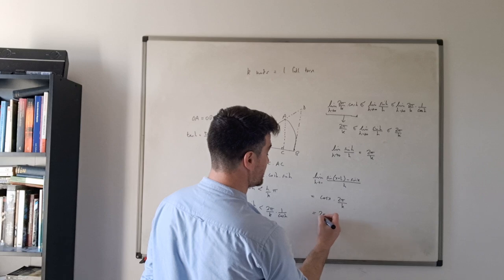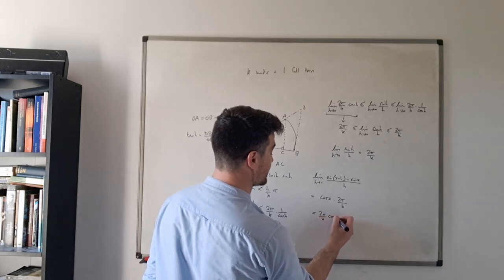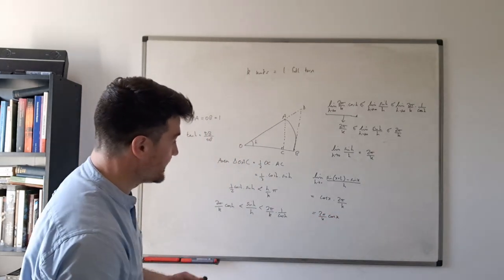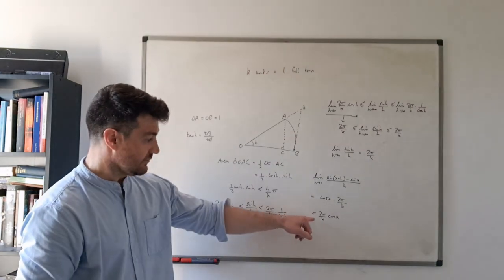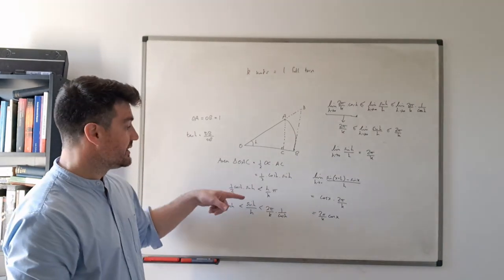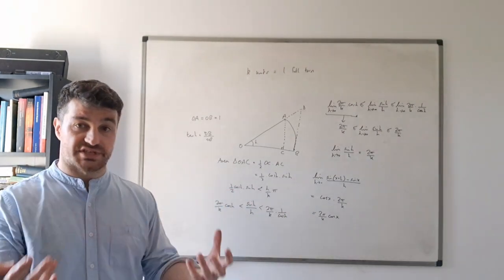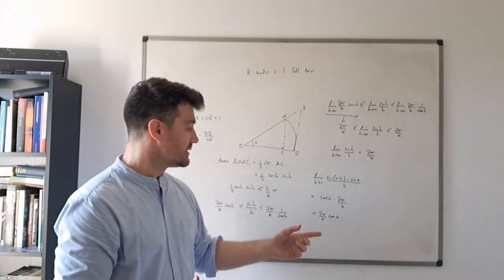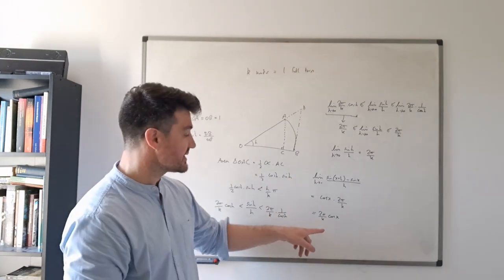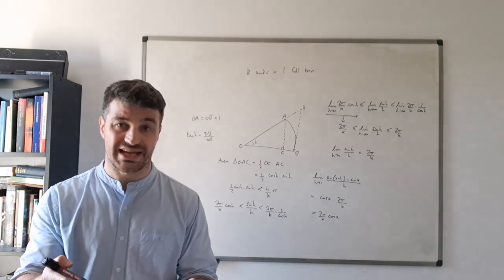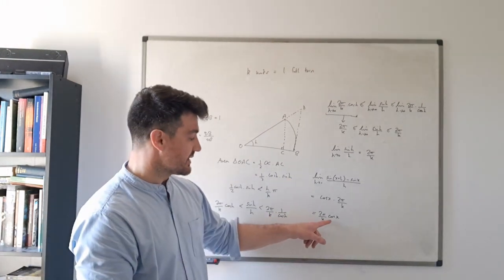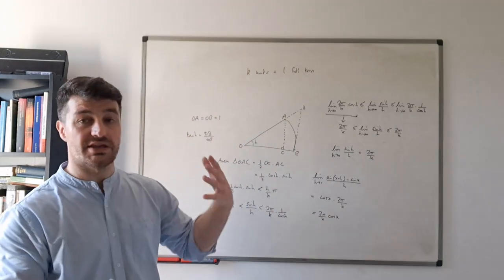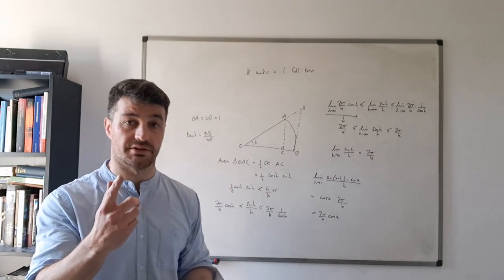So 2 pi over k cos x. Okay, so what we can see then is that our derivative of sine x is going to be different. It's got something to do with cos x, but it's not just going to be cos x necessarily. It's going to depend on how many units we choose in our full turn.